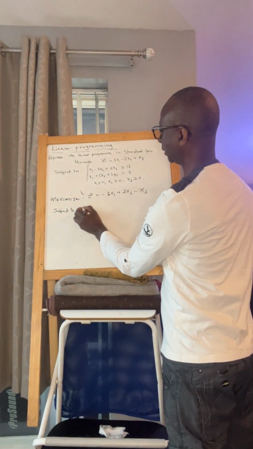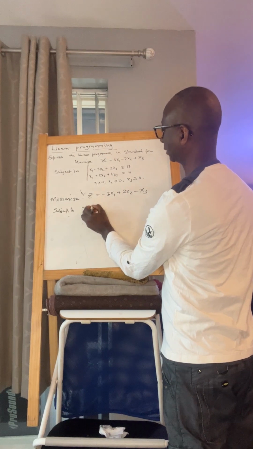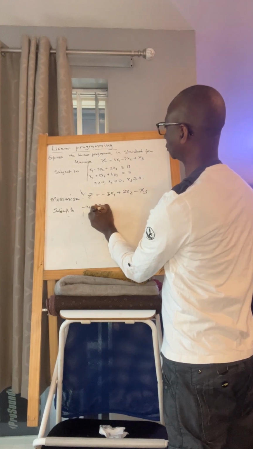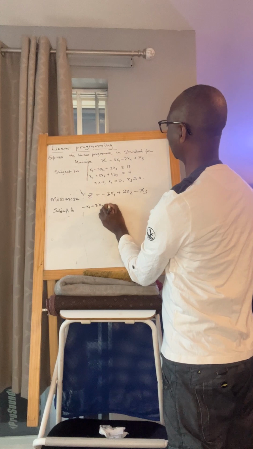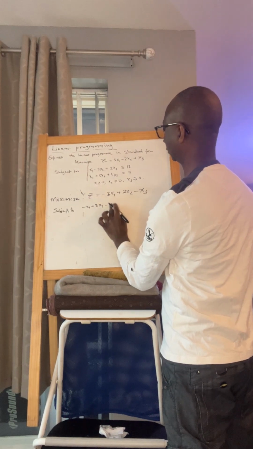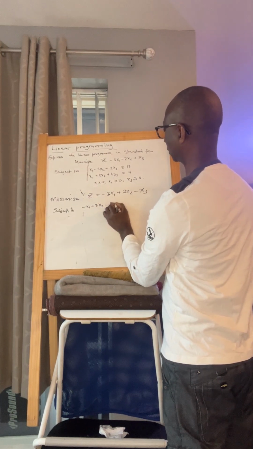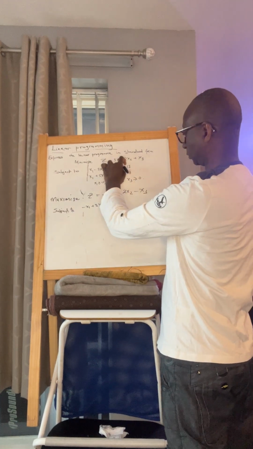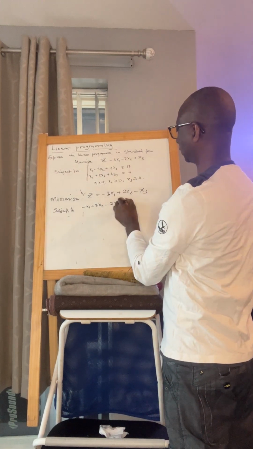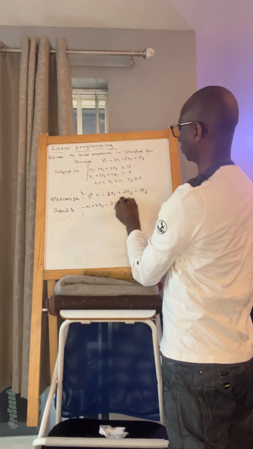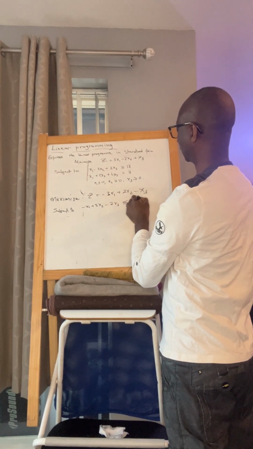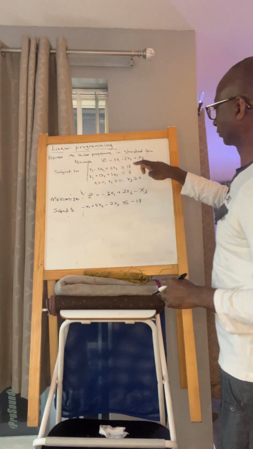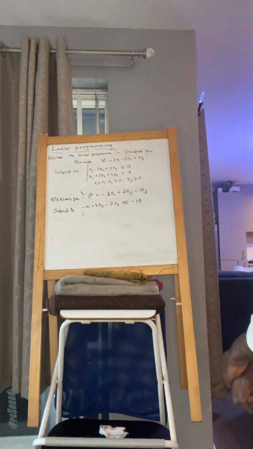So this is going to be minus x1 plus 3x2 minus 2x3. Now instead of equal to or greater than, it's going to be less than or equal to minus 17. I've done this equation.